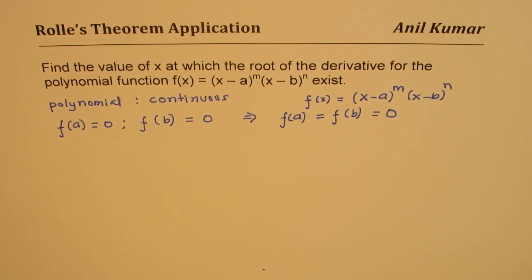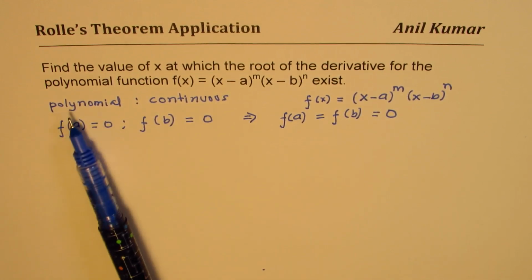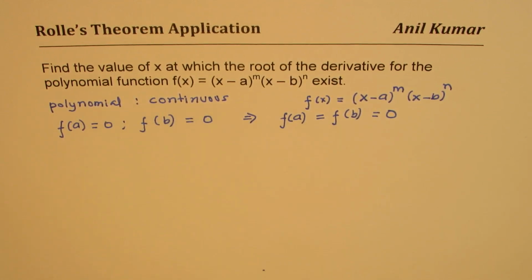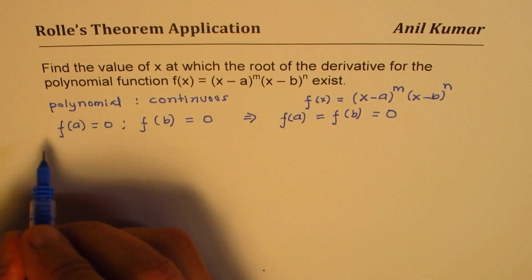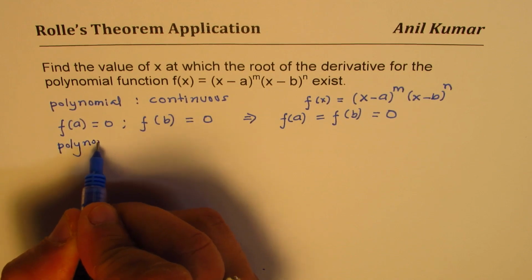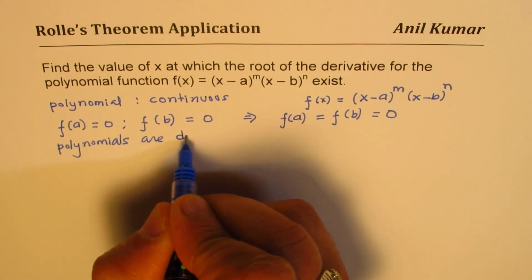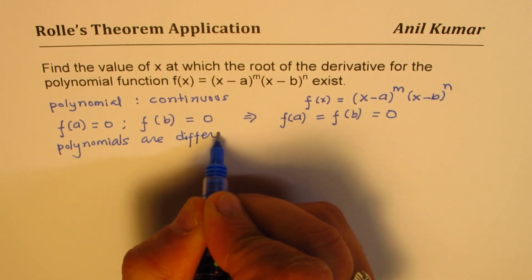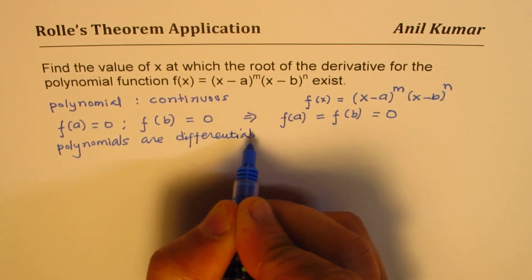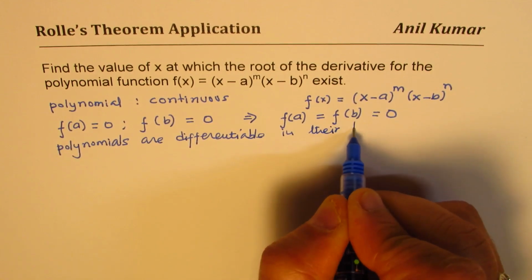So we have 2 points where the value is same and the polynomial function is continuous. It is differentiable also, and polynomials are differentiable in their domain, right?